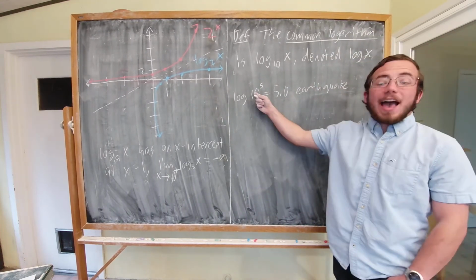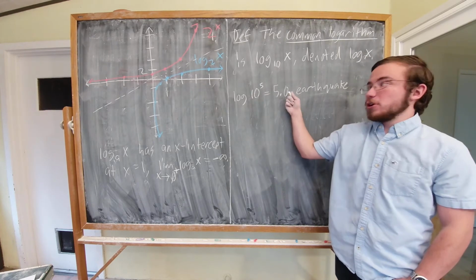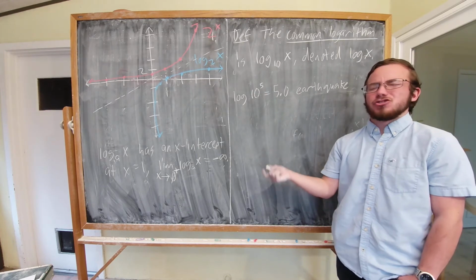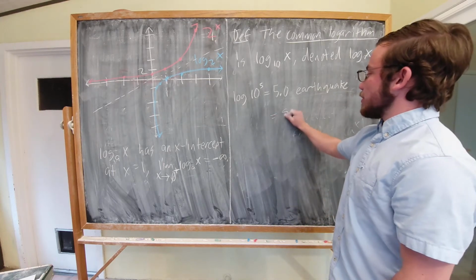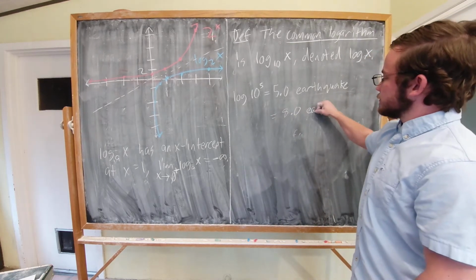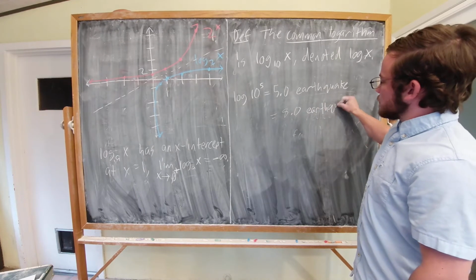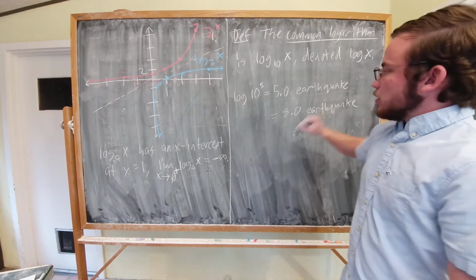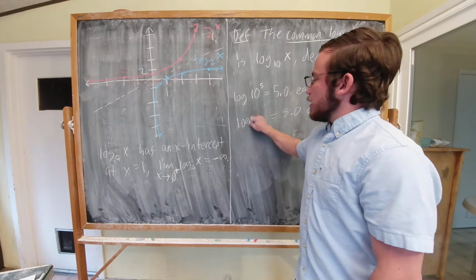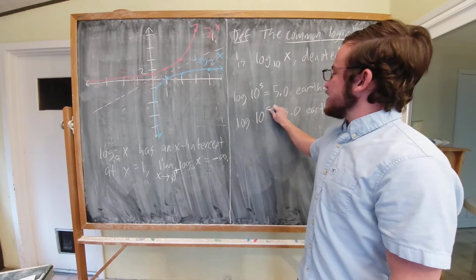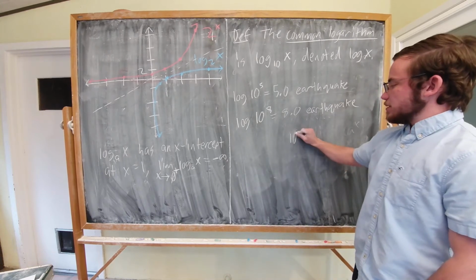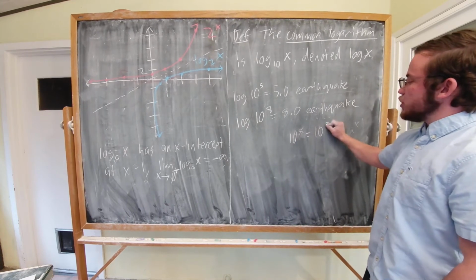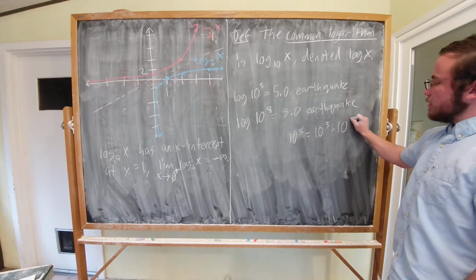So the actual amount of energy in your 5.0 earthquake might be 10 to the 5th, I think joules or something like that. But if you have an 8.0 earthquake, it'd be the log of 10 to the 8th power, right? But 10 to the 8th is 10 cubed times 10 to the 5th.